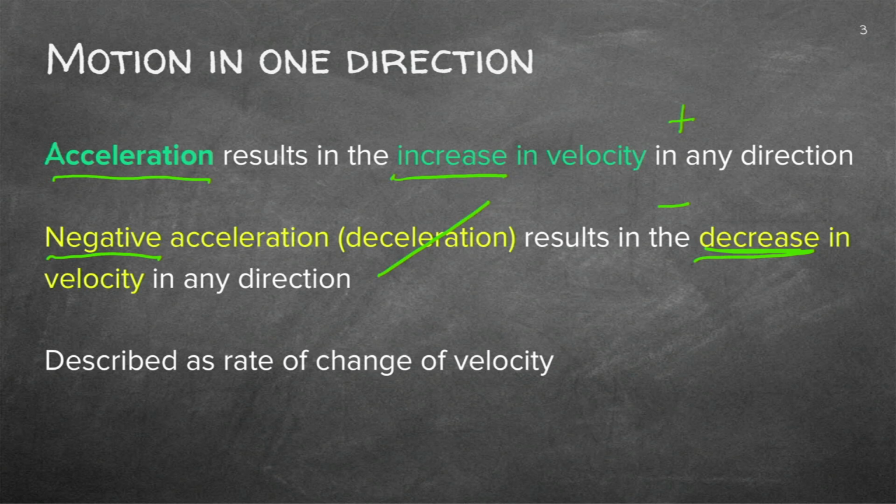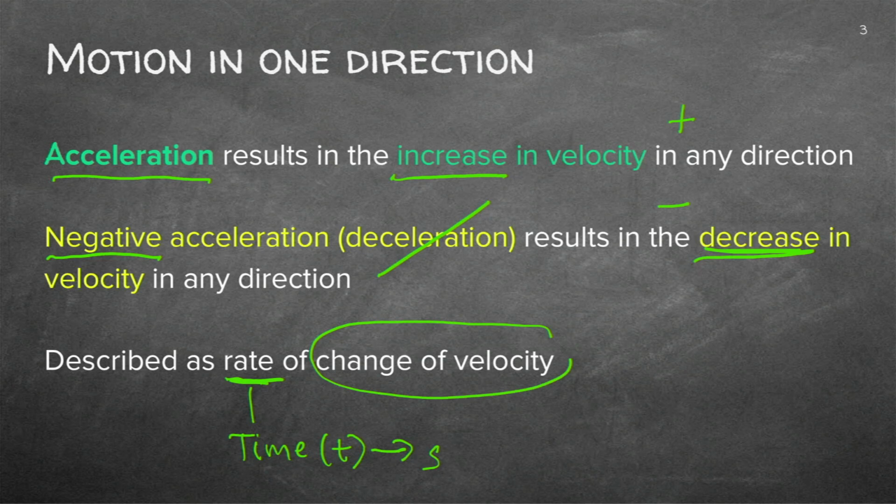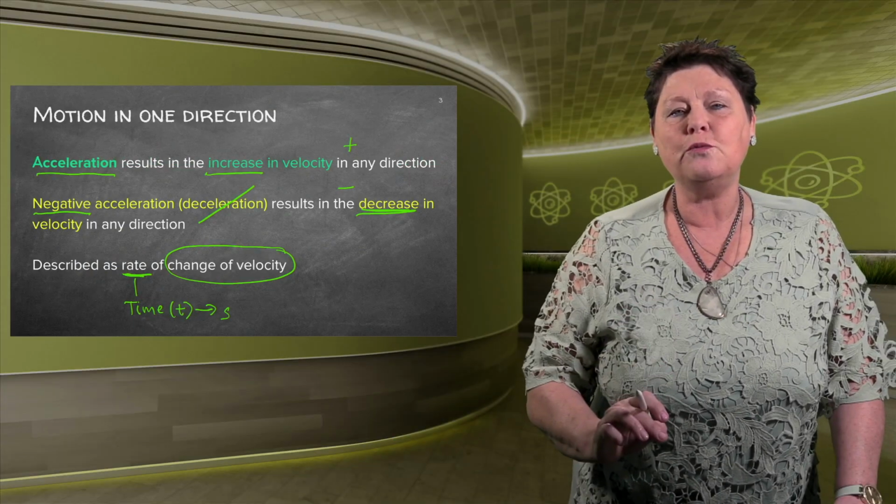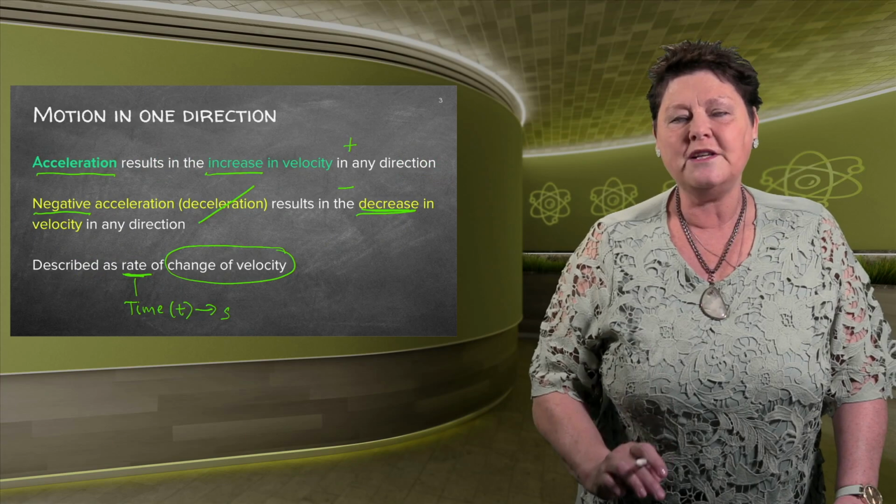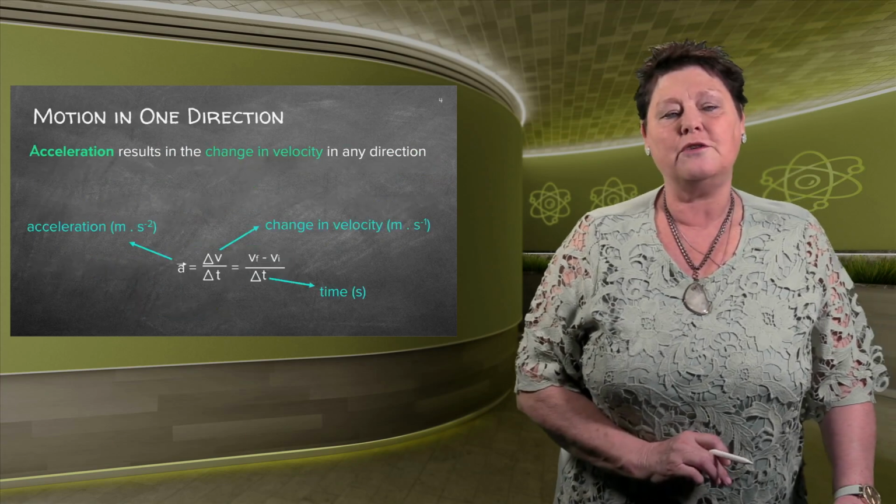The definition in your exam guidelines specifically says acceleration is the rate, which then specifies time. And remember, time is a t and it's measured in seconds. And of what time? The change in the velocity, which we'll describe just now. So be careful that you do not use the word deceleration, always positive or negative acceleration.